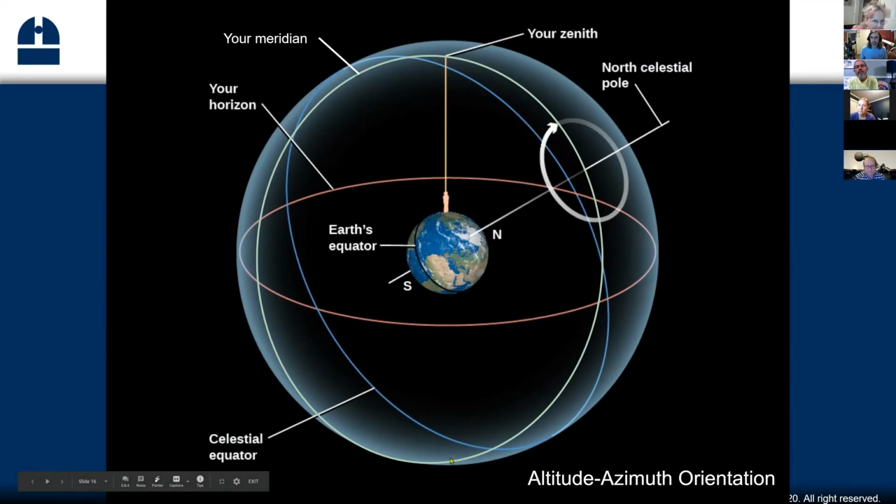It's called nadir, N-A-D-I-R. But you can't see it, so it's of no use. But your zenith is often useful. And then, of course, your horizon is like this, whereas the Earth's equator projected into the sky, or the celestial equator, is this blue line.